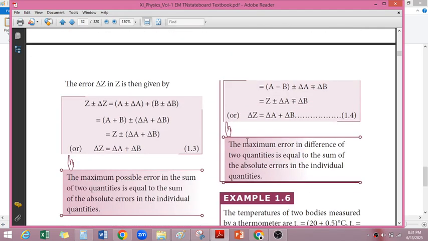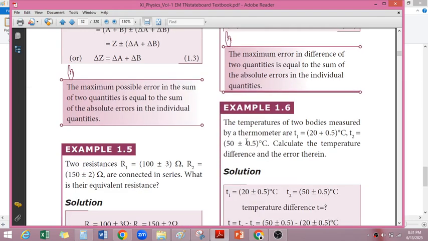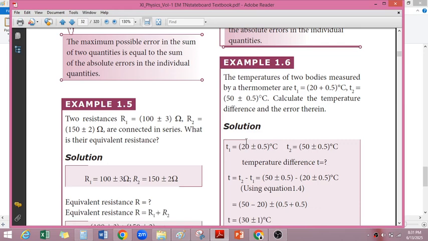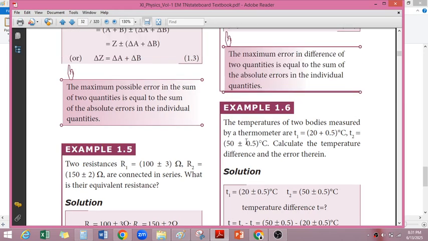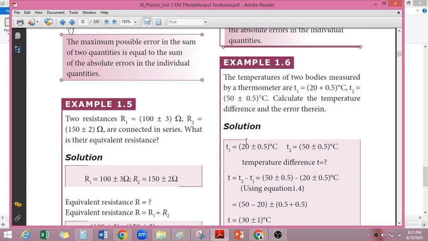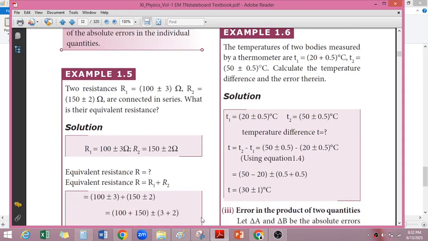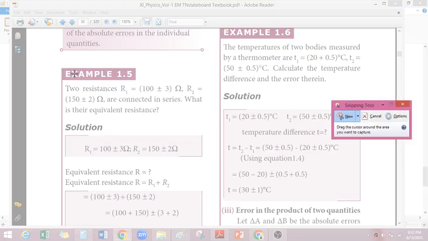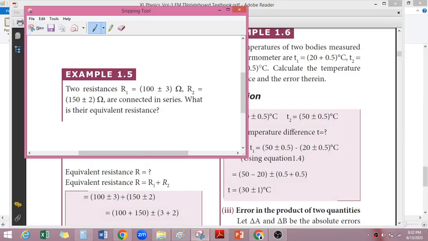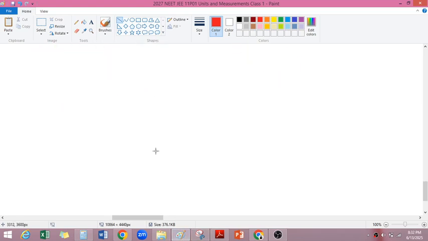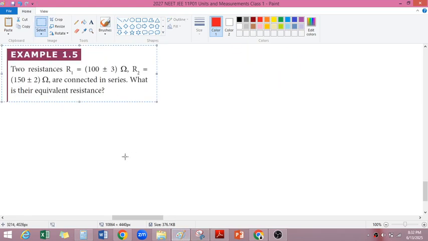Propagation of errors. Two resistances, R1 is 100 plus or minus 3, R2 is 150 plus or minus 2, are connected in series.